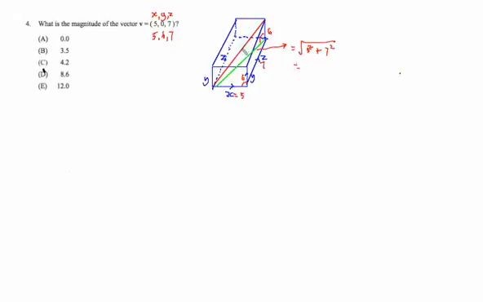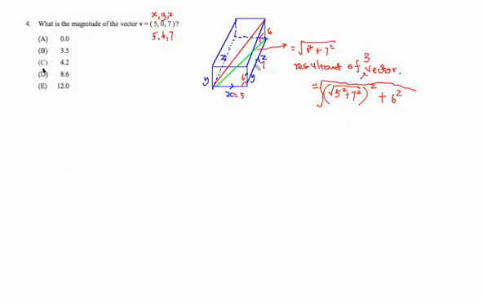So to find the red line here, which is the resultant of the 3 vectors, the resultant of the 3 vectors is equal to the square root of the square of the green line, this is the green line so you should square it, plus this line, 6 squared, and then you square root this.